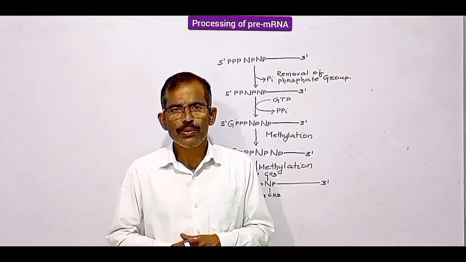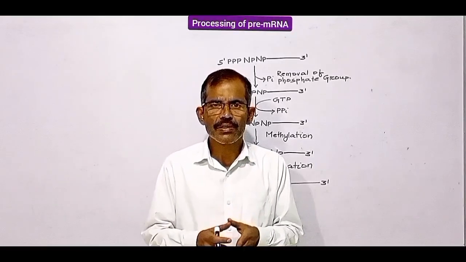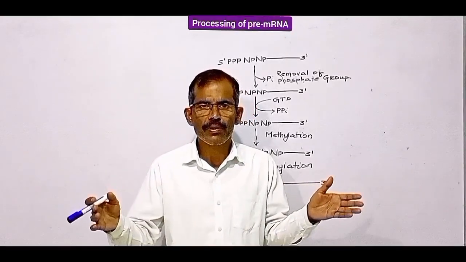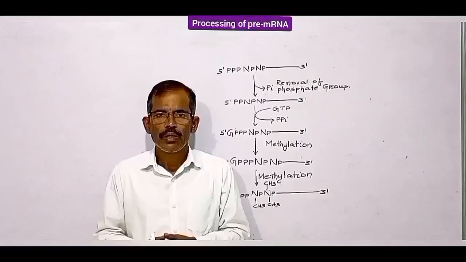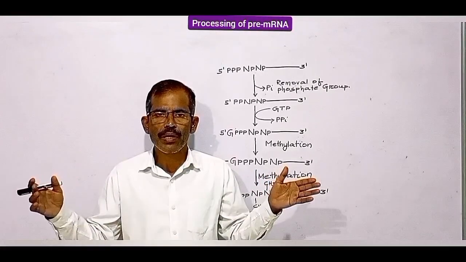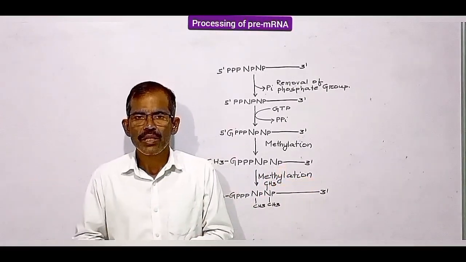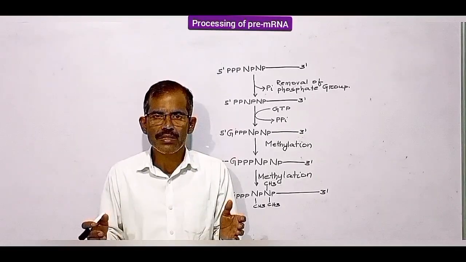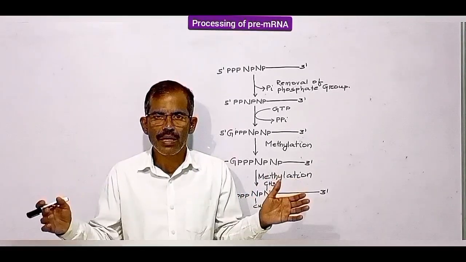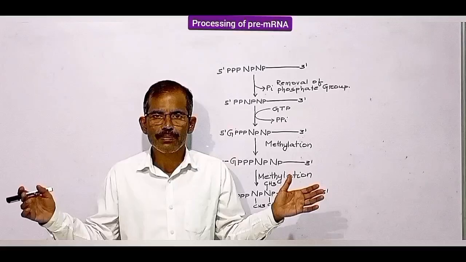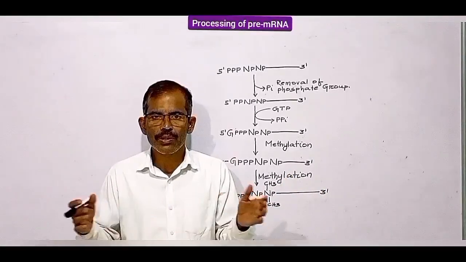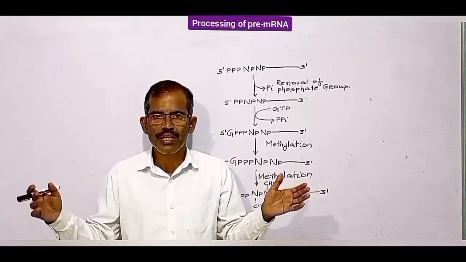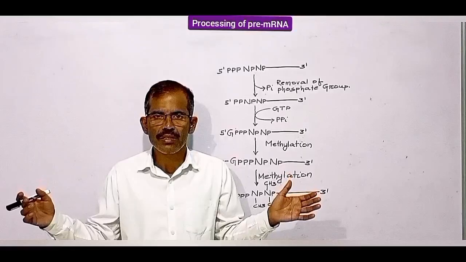Indeed, the eukaryotic mRNA is extensively altered after transcription. During processing of pre-mRNA, changes are made to the 3' as well as the 5' end of the primary transcript. In addition to this, its protein coding segment is also altered.